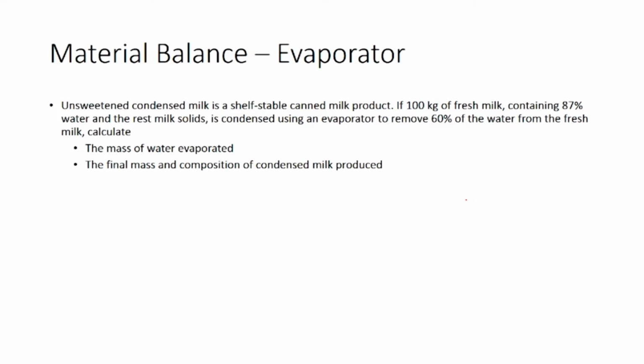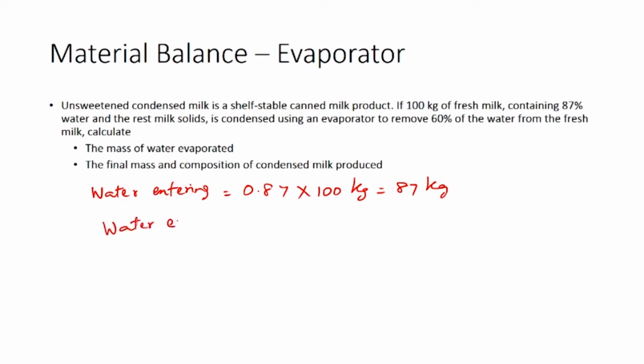That would be water entering is equal to 0.87 times 100 kilograms, which is 87 kilograms. So, water evaporated would be 0.6 times 87 kilograms, which will give you a final value of 52.2 kilograms.